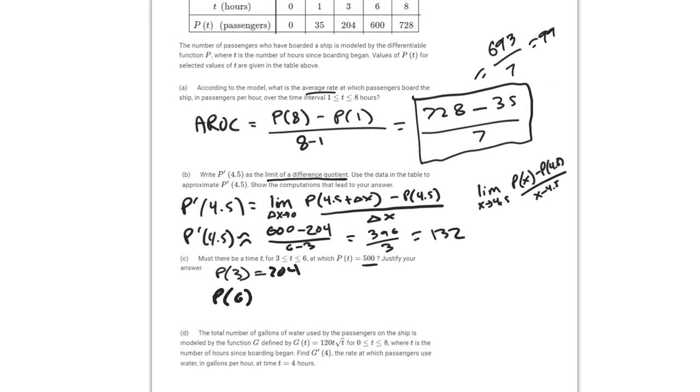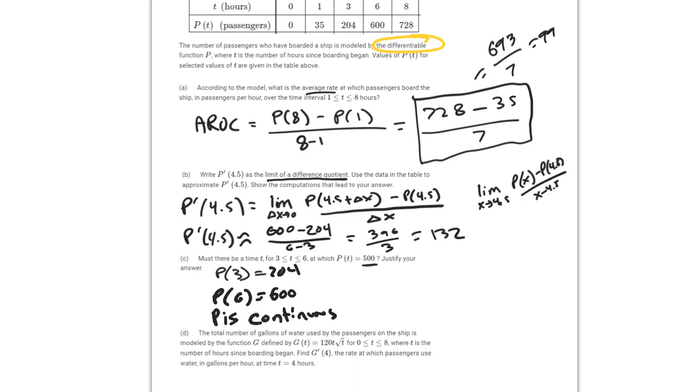P of 6, according to the table, is 600. So we do have 500 surrounded. Does it talk about continuous? It doesn't mention the word continuous, but it mentions the word differentiable. And if a function is differentiable, that implies it's also continuous. So P is continuous.